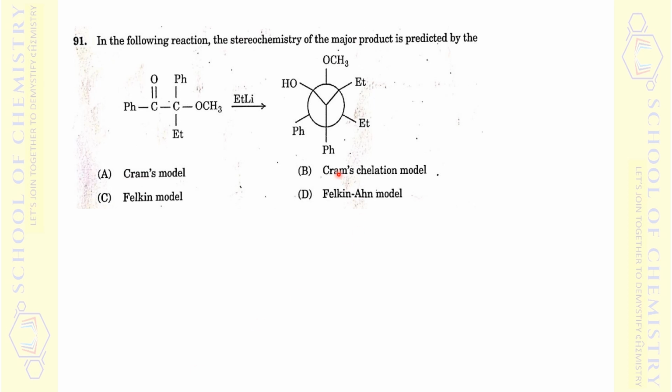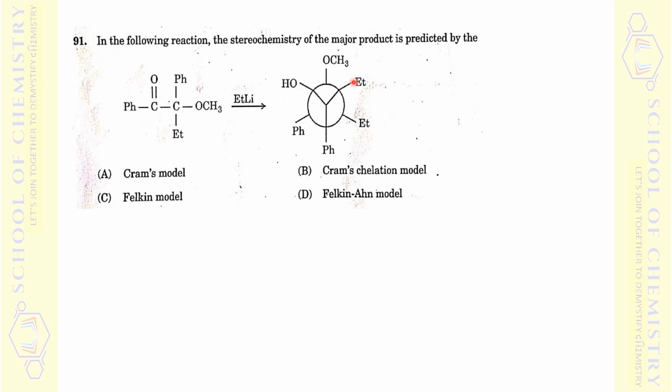The next question is again from stereochemistry, a little higher level of stereochemistry. They have given a reaction where a carbonyl compound with one more carbon center, which has three different attached groups, that is, a symmetric center already, is treated with this reagent, and the product is also given.